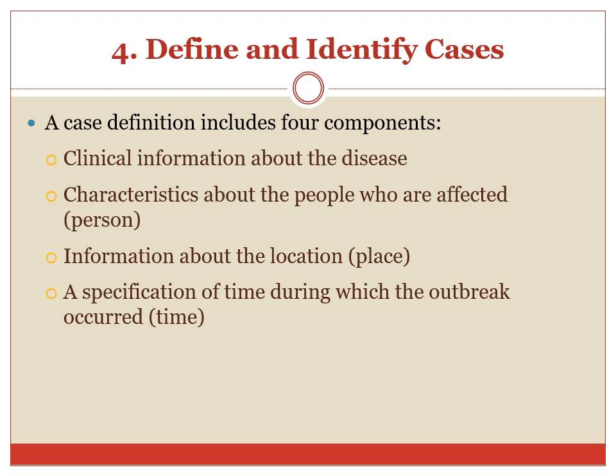So a case definition will include 4 components: clinical information about the disease, but also information about people, place, and time. Just like we said that the outbreak is defined by population, place, and time, the case definition is identified based on people, place, and time.